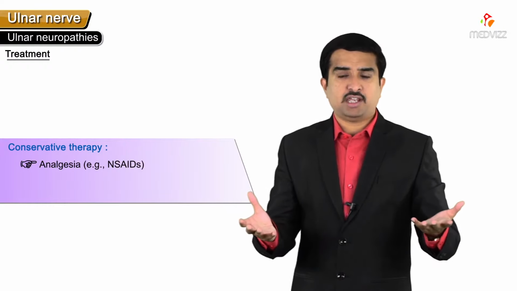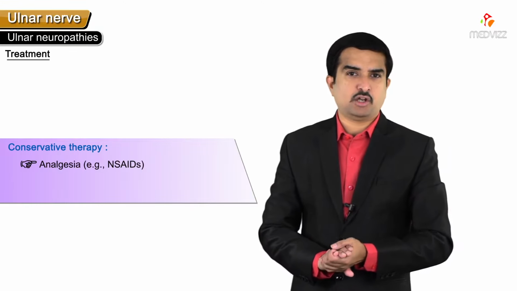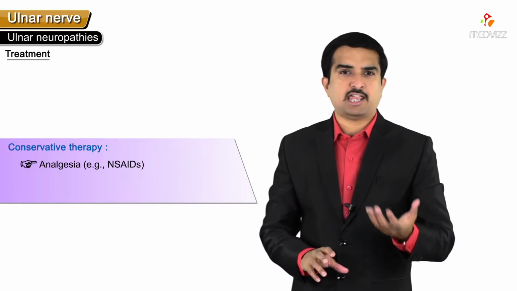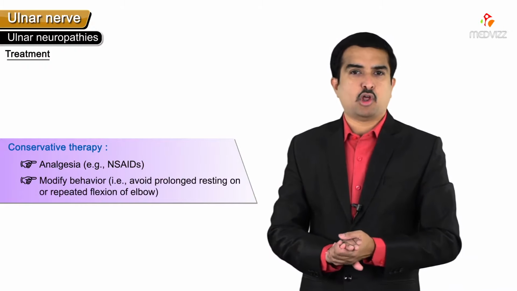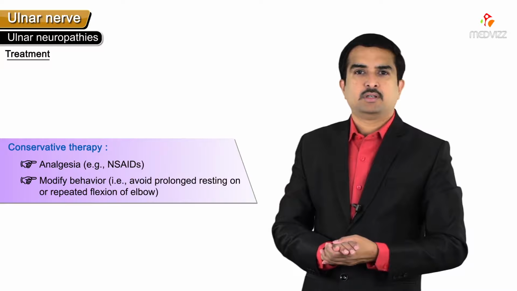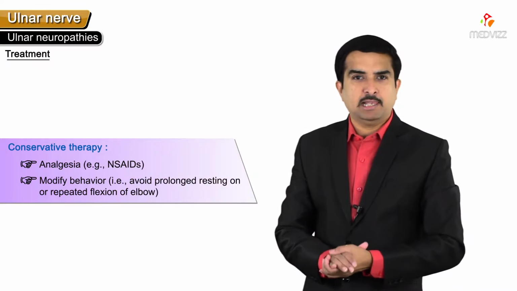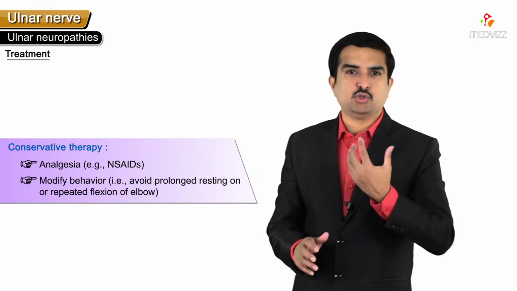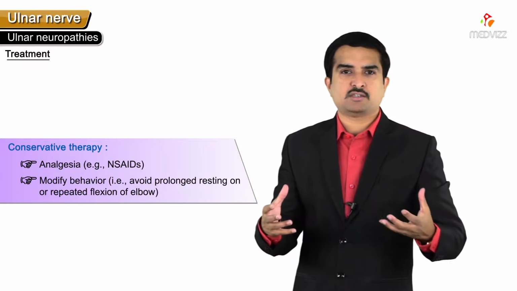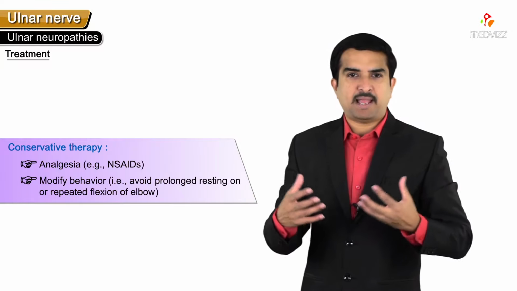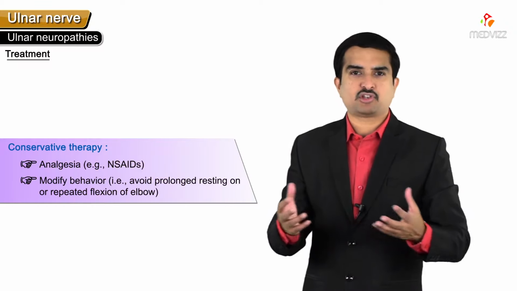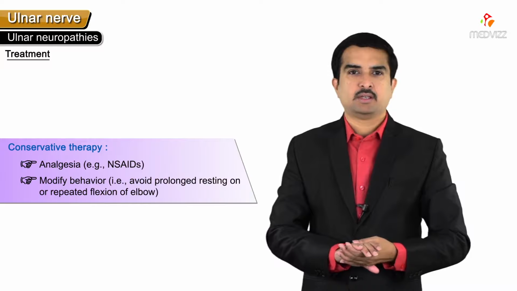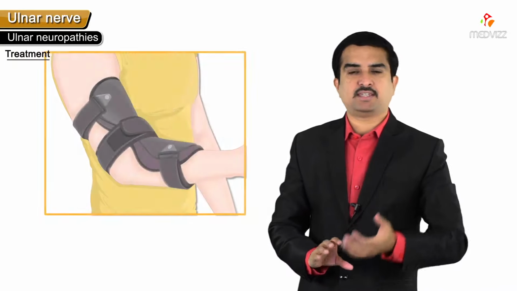In the majority of cases, these neuropathies are occupational, so there is a reason for modifying behavior, that is, avoiding prolonged resting on the elbow or repeated flexion of the elbow. You guide the patient to modify the pattern of his occupation and not use the elbow too much for approximately 4 to 6 weeks. Also, in some conditions we do bracing.